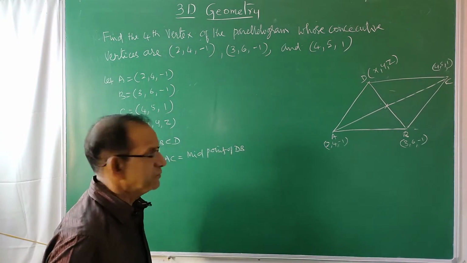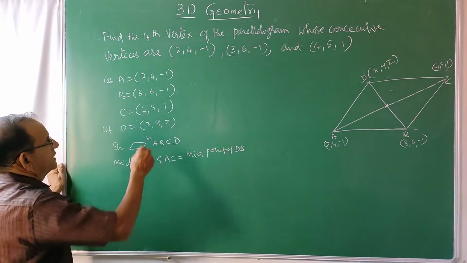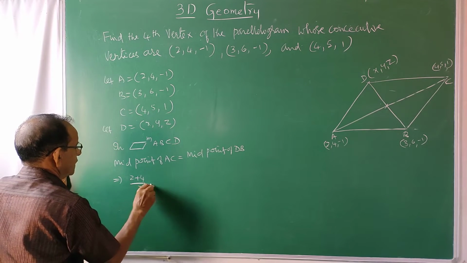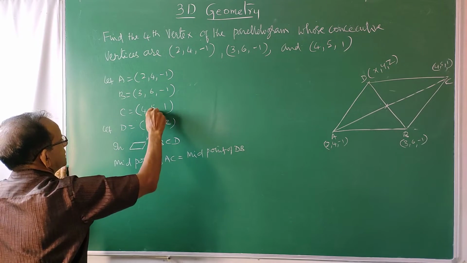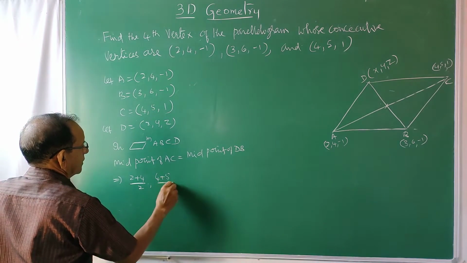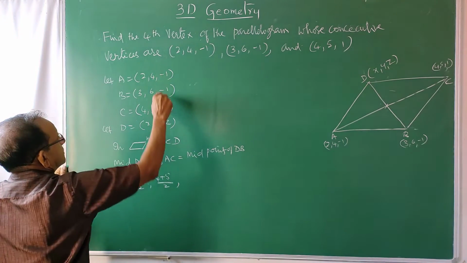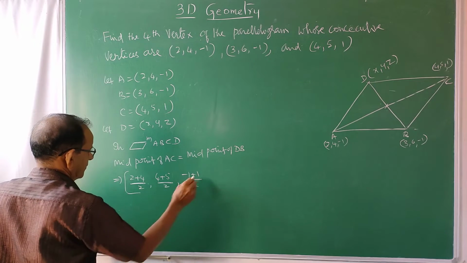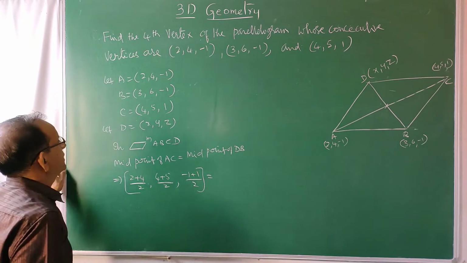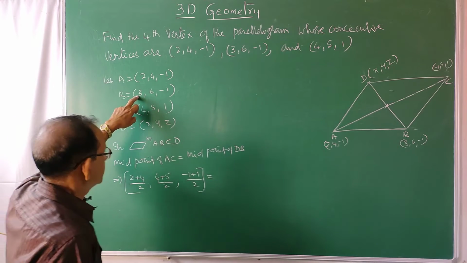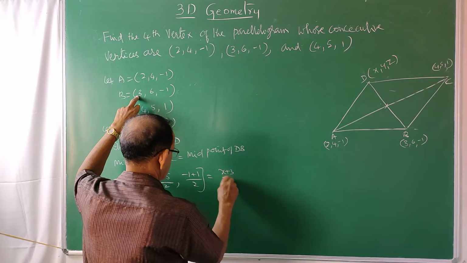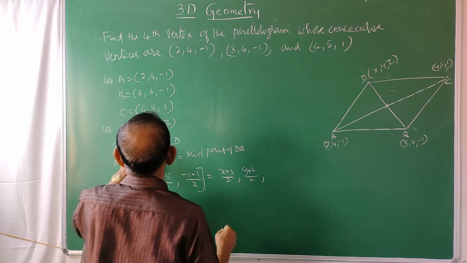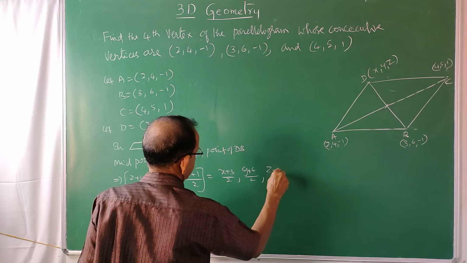x1 plus x2 by 2, y1 plus y2 by 2. For AC, 2 plus 4 by 2. Next to y1 plus y2, 4 plus 5 by 2. Next minus 1 plus 1 by 2. Is equal to midpoint of DB, x plus 3 by 2, comma, y plus 6 by 2, comma, z minus 1 by 2.